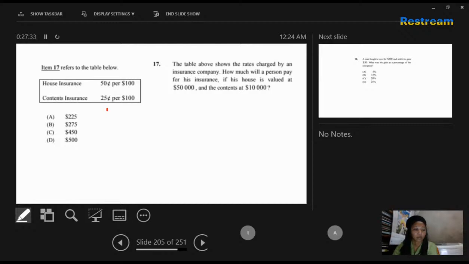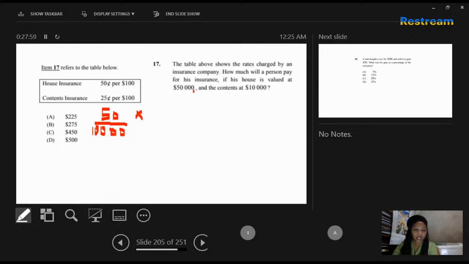So 50 cents over $100, same as what we did a while ago. We're just changing the $100 to cents.